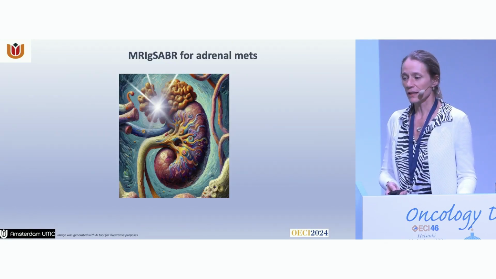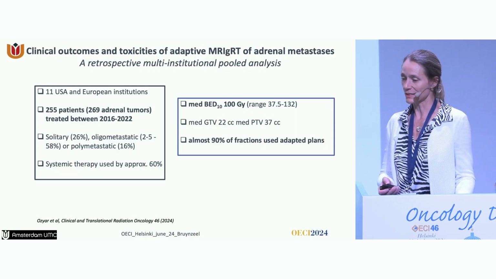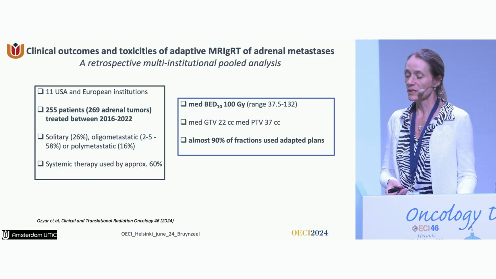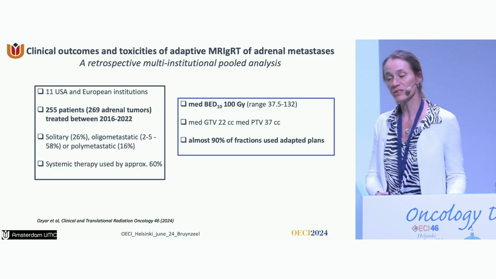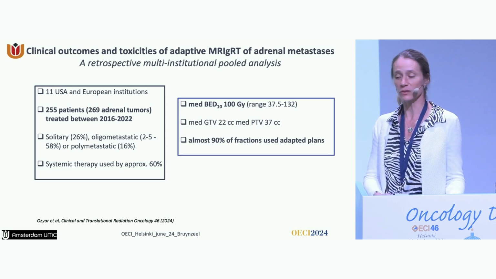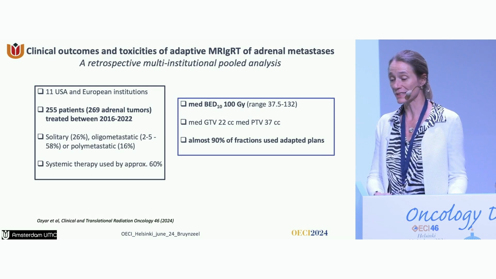So in the following slides, I will show you some clinical outcomes for adrenal metastasis. Recently, a retrospective multi-institutional pooled analysis evaluated clinical outcomes and toxicities of adaptive MR-guided radiotherapy of adrenal metastasis in more than 250 patients.